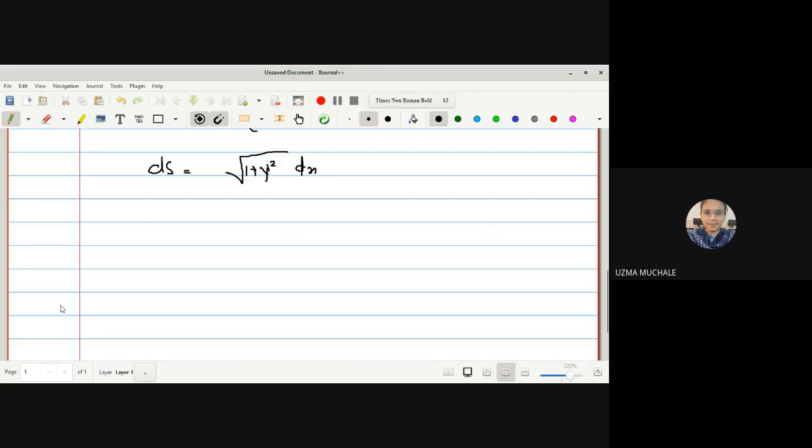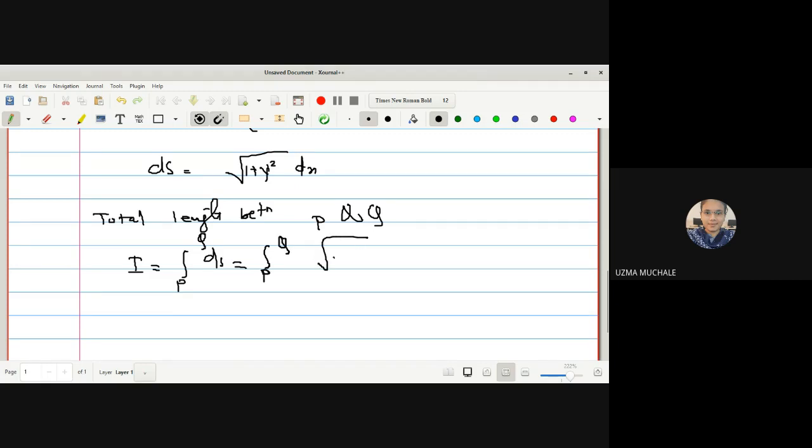Okay. Now, the total length between the 2 points P and Q is given by integration within the limits P to Q of ds, which is equal to integration P to Q of square root of 1 plus y dash square dx, right?